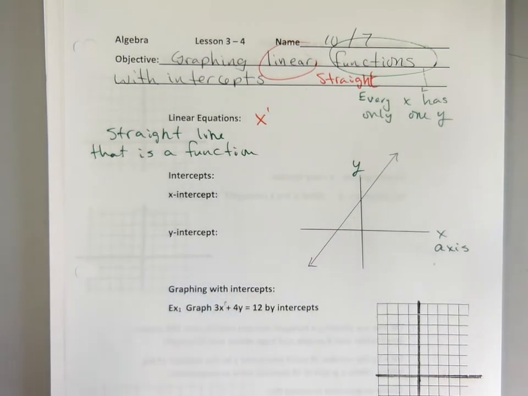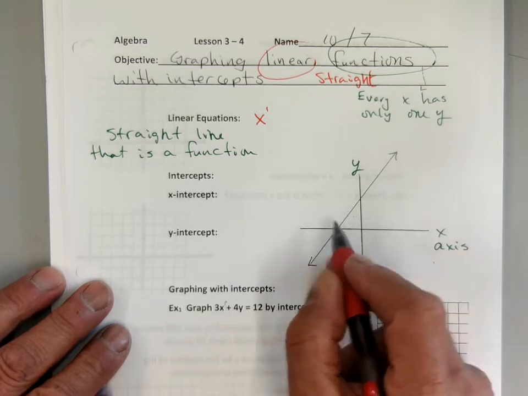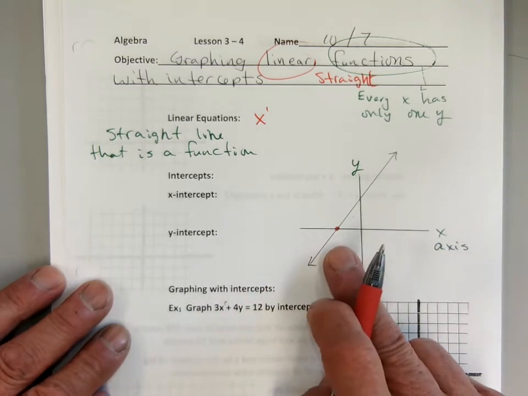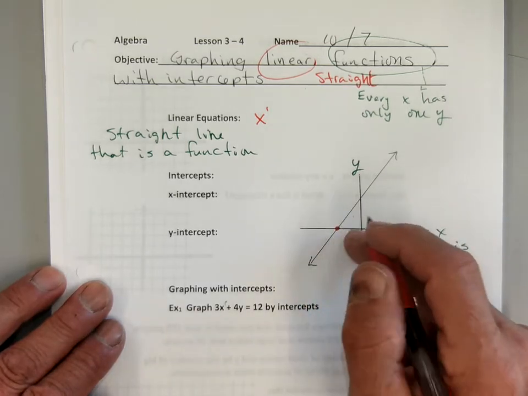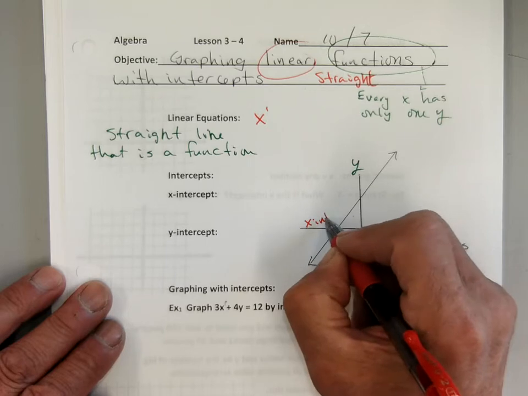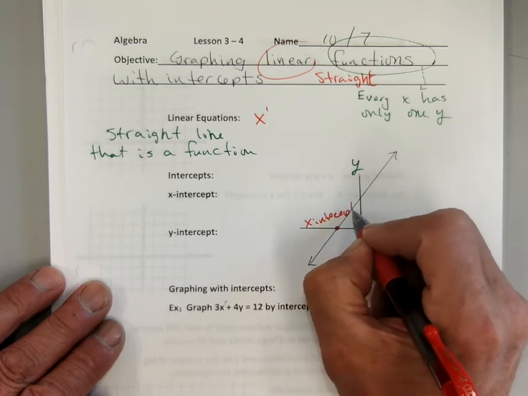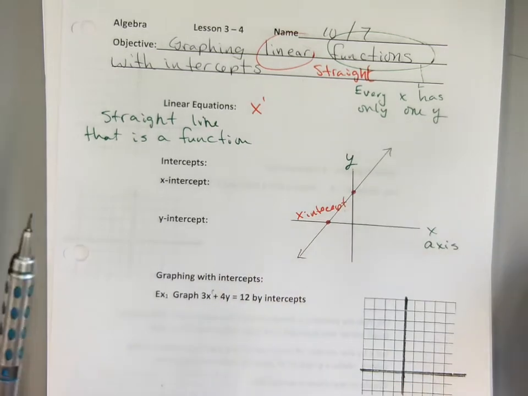Now, the intercepts. Let's figure this out. The x-intercept is right there, because it intercepts the x-axis. And my y-intercept is right there.